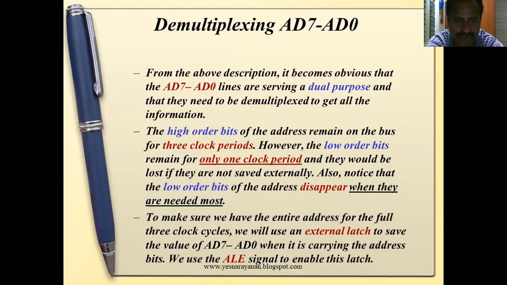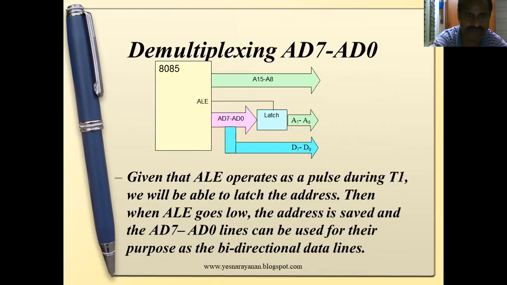To make sure we have the entire address for the full 3 clock cycles, we will use an external latch to save the value of AD7 to AD0 when it is carrying the address bits. We use the ALE signal to enable this latch.